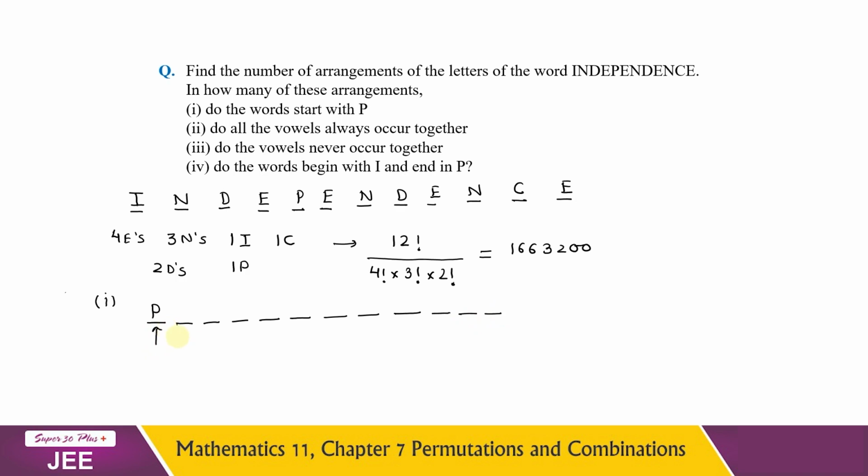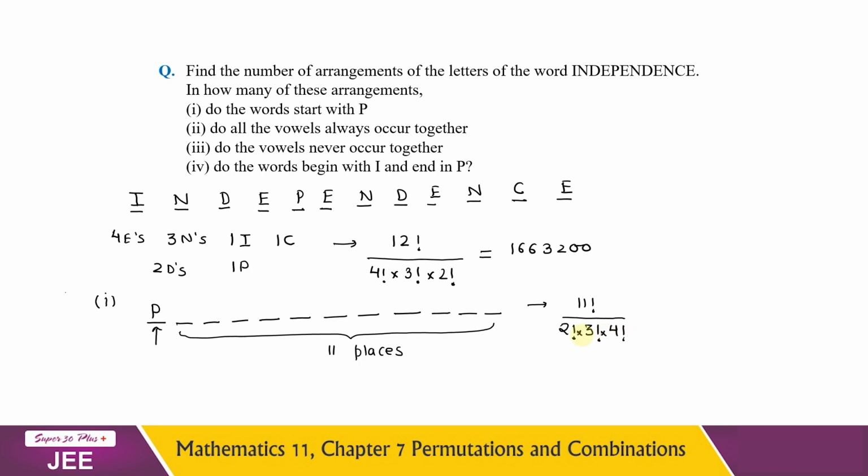Now for the remaining 11 places, there is no such restriction. So for the remaining 11 places, we can make arrangements in how many ways? 11 factorial divided by, now P is gone, so we are left with 4 E's, 3 N's and 2 D's, and because of this we have to divide it by 2 factorial, 3 factorial and 4 factorial.